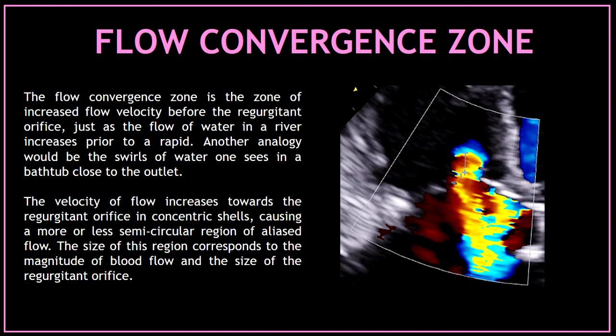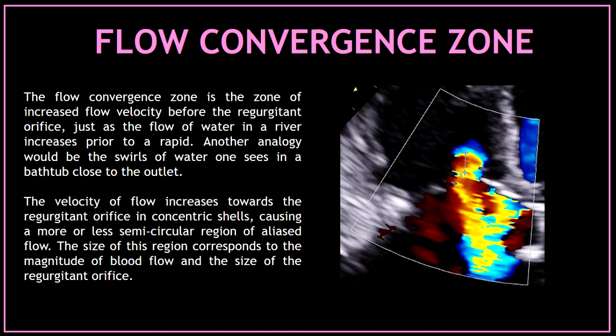The flow convergence zone is the zone of increased flow velocity before the regurgitant orifice, just as the flow of water in a river increases prior to a rapid. Another analogy would be the swirls of water one sees in a bathtub close to the outlet.